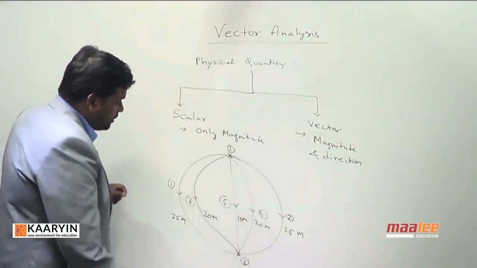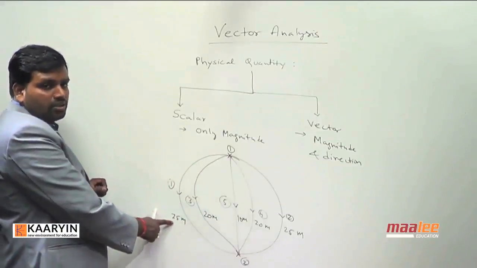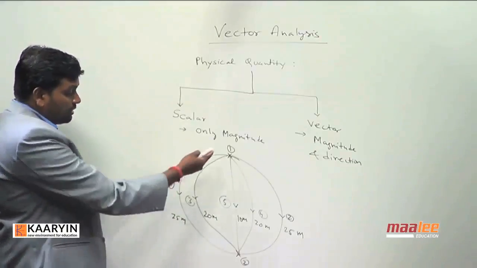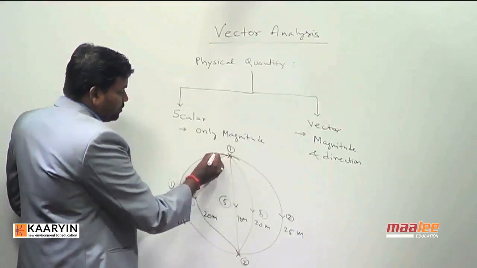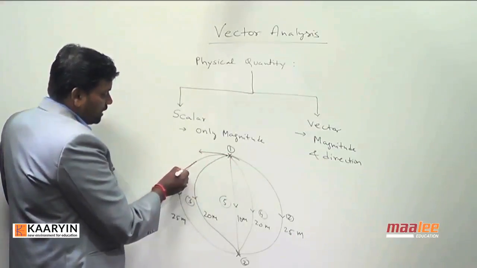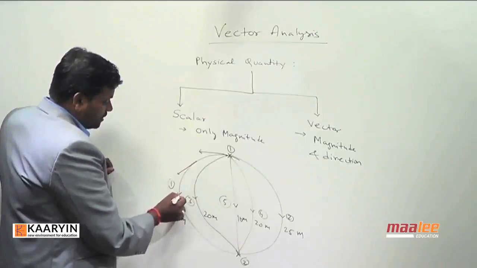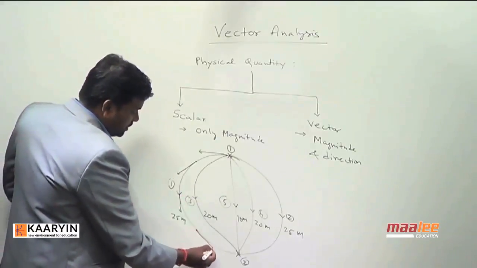So, see, if you are coming along the first path, what is the magnitude? Magnitude is 25, but what is the direction? You will observe that when you are at this point, your direction is like this. When you are at this point, your direction is like this.